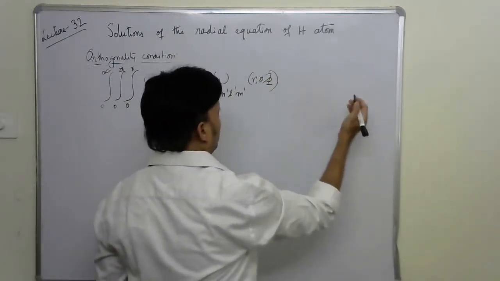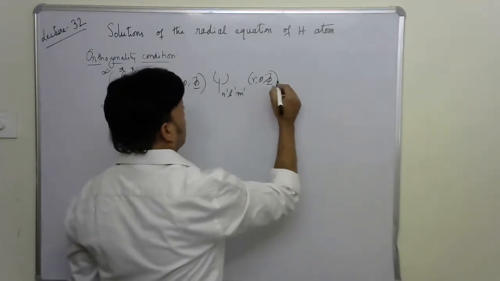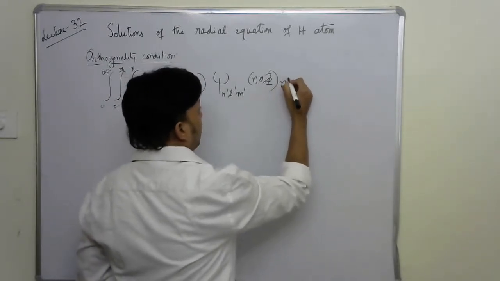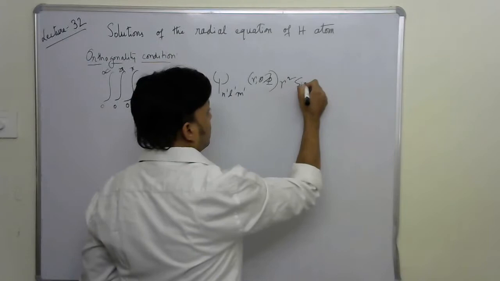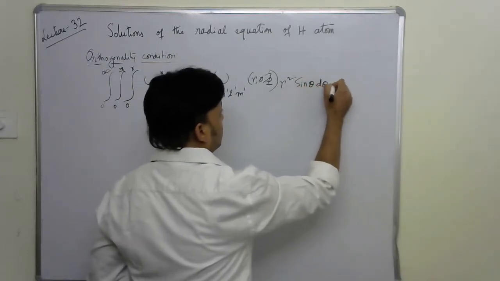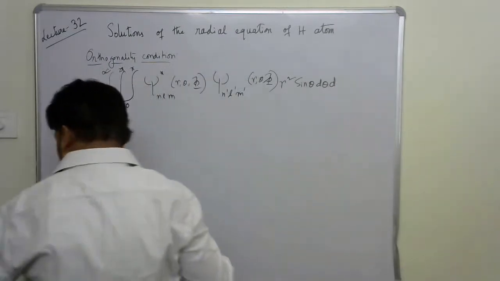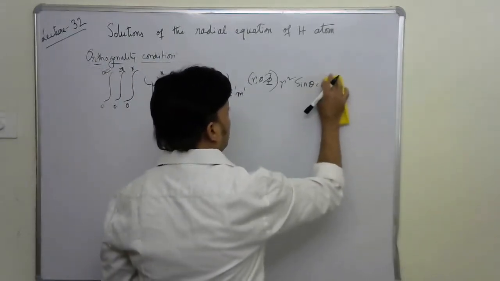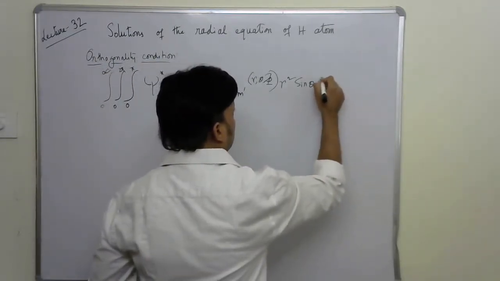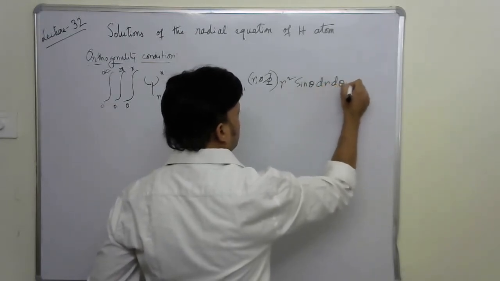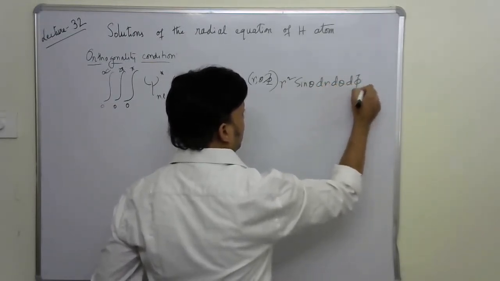Okay, so the volume element is r square sine theta d theta. We should write the dr part first: dr d theta d phi.